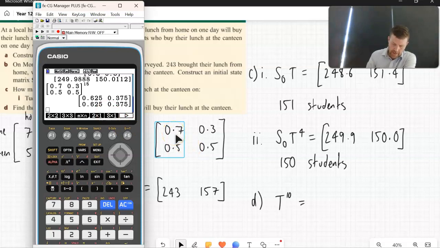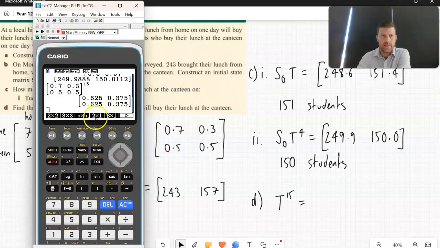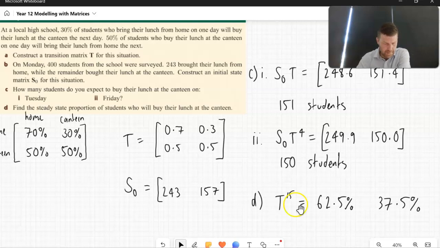So I'm going to just put that as my steady state, which is 62.5% and 37.5%. So the question says, find the steady state proportion of students who will buy their lunch at the canteen.